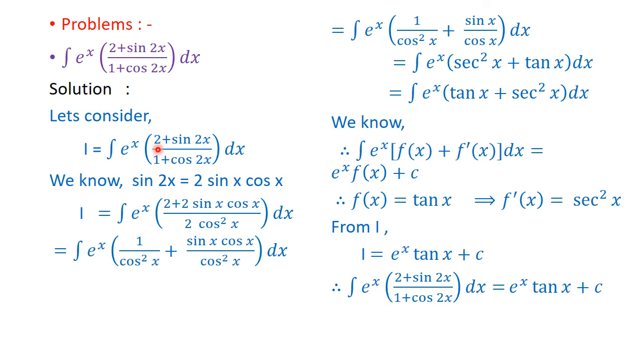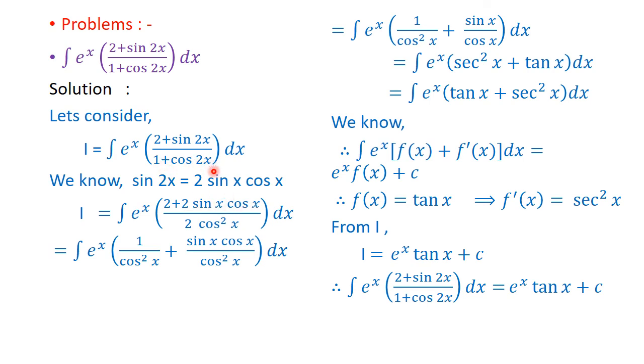So see, and what is that f? We have to make some changes. We have to reduce it to the standard form. So let's consider the given integral, which you can solve within a minute: (1 plus sin 2x) upon (1 plus cos 2x). Now we know that sin 2 theta is equal to 2 sin theta into cos theta, and in place of theta we have here x.